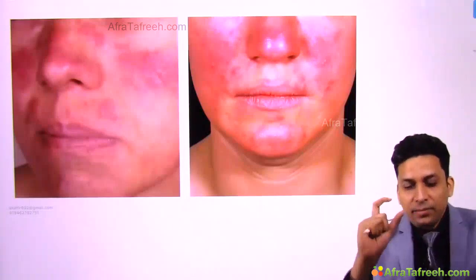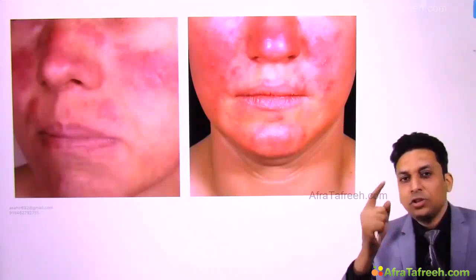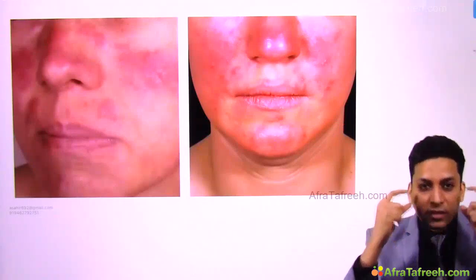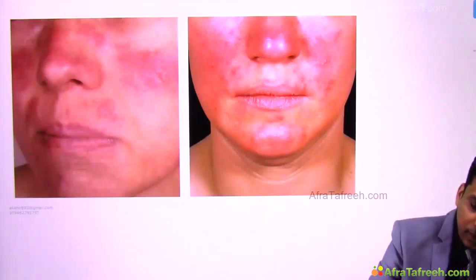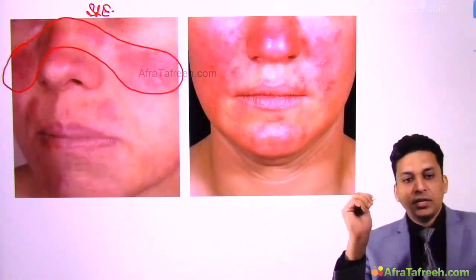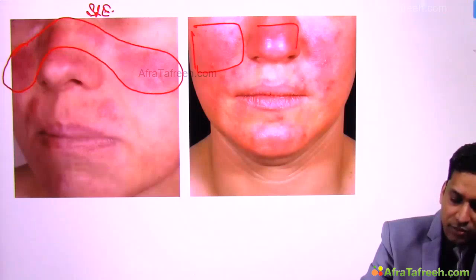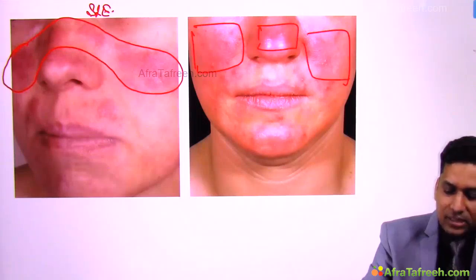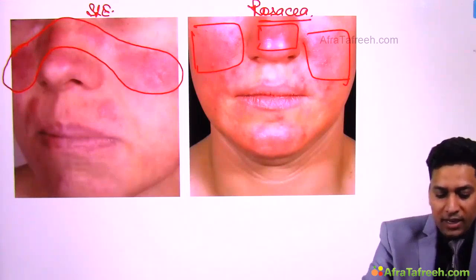Now, sometimes when the patient of rosacea comes to you, we get confused with another condition which also presents with erythematous lesions over convexities of the face, especially cheek and nose, and that is SLE. There are butterfly rashes of SLE present over nose and cheek. While here also the erythematous lesions are present. If you closely examine, you will find telangiectasia as well. So this is a case of rosacea. Now many a time we get confused.